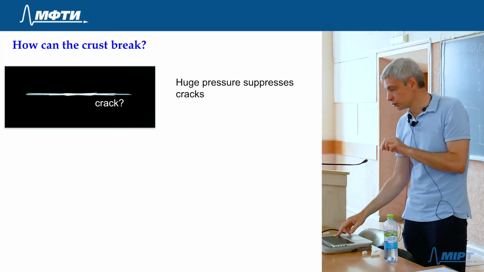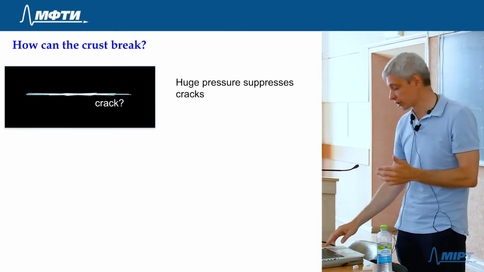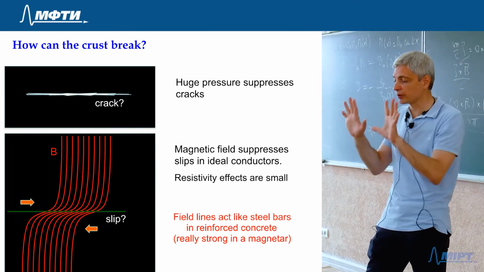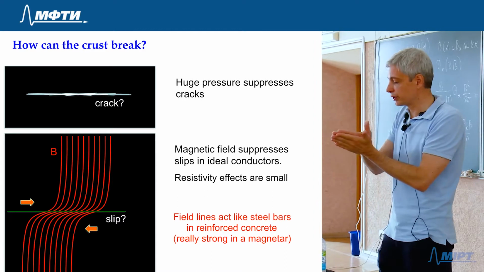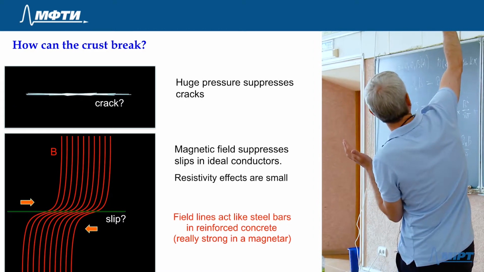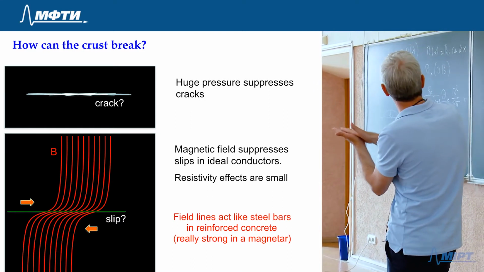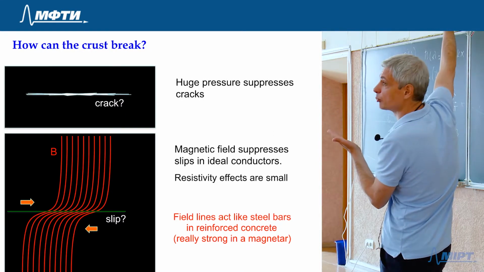It's also not easy to make faults like sliding planes because the crust is magnetized. The crust is threaded by magnetic field lines, and if you try to shear, immediately, as shown in that plot where the red curves are the magnetic field lines, you would shear the field lines and generate an enormous horizontal component of the magnetic field.